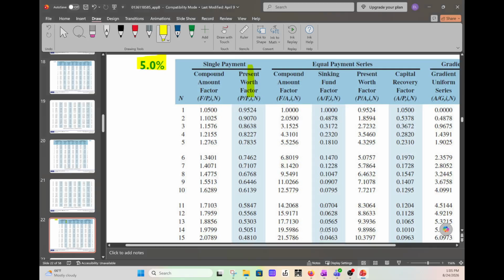So we look for 5 right there. It's right here: 0.784, which we will round.